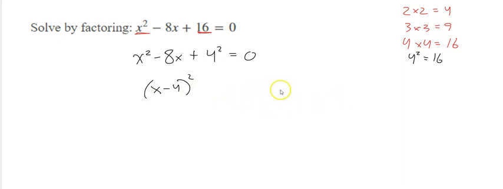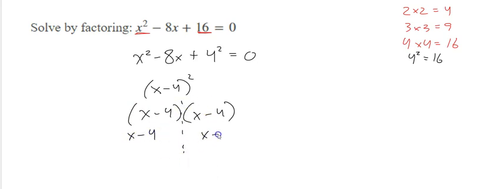This one is also sometimes called a double root or a double solution. Since we've technically only got one answer, I'm putting this very intentionally. If I wanted to write it down, it would look like this, but that would be kind of redundant. So instead, just know that I only have one answer. When you add 4 to both sides, you get x equals 4. So the solution to this problem is x equals 4.